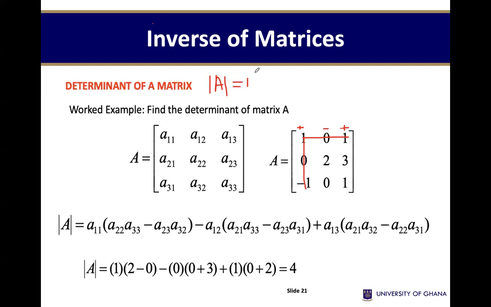Then I'm going to have my bracket opened. This is 2 times 1, that'll give me 2. This is 0 times 3, that'll give me 0. It's going to be 2 minus 0, which is 0. So I'm going to have this as only 2.